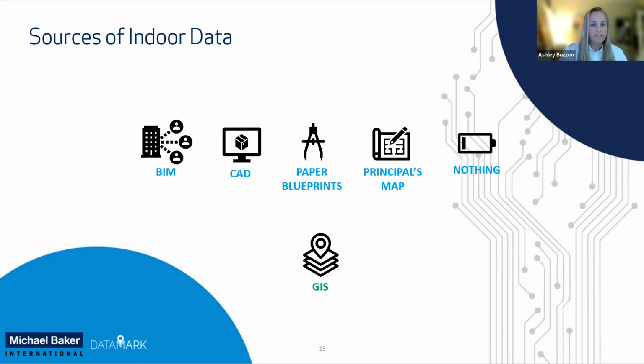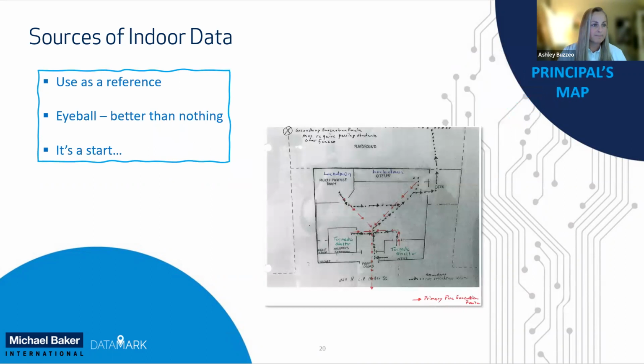Maybe it had hand drawn evacuation routes on it, or some other purpose where scale and measurability weren't super important for that specific point, but that's a source of indoor data, right? And so Matt's going to talk us through some of those sources of information and considerations.